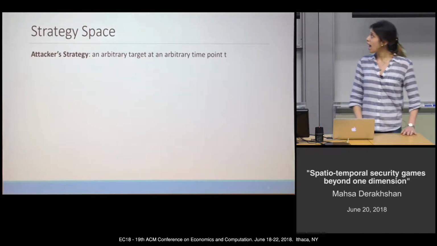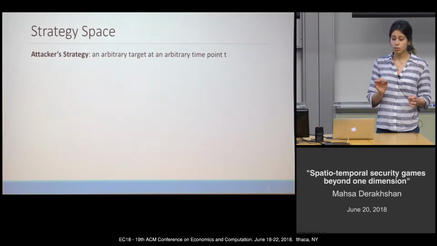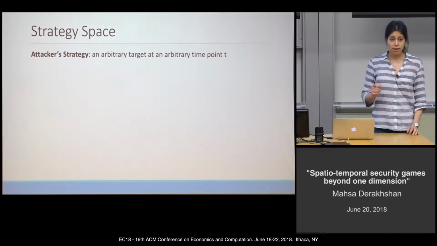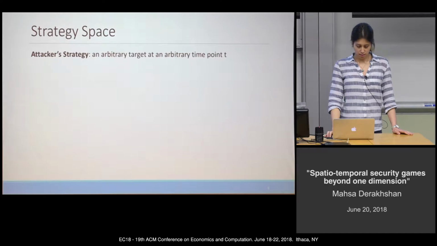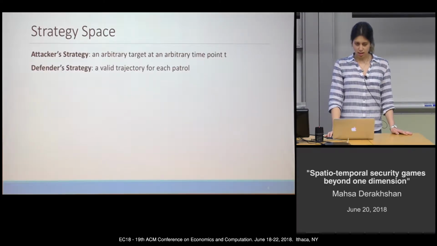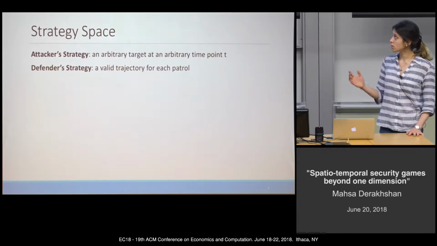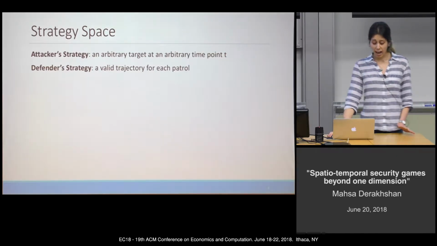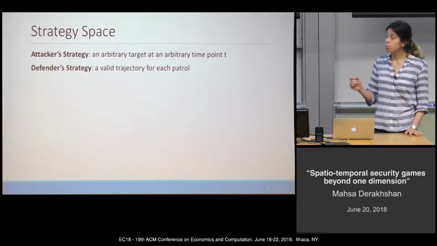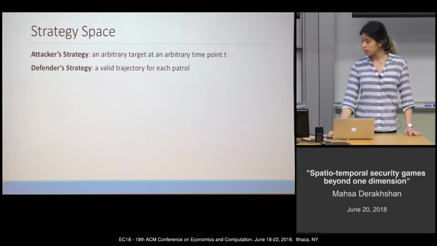The strategy of the attacker is to choose a target at one time and attack it. The defender's strategy is a valid patrol schedule. An attack is successful if at the time of the attack the target is not protected.